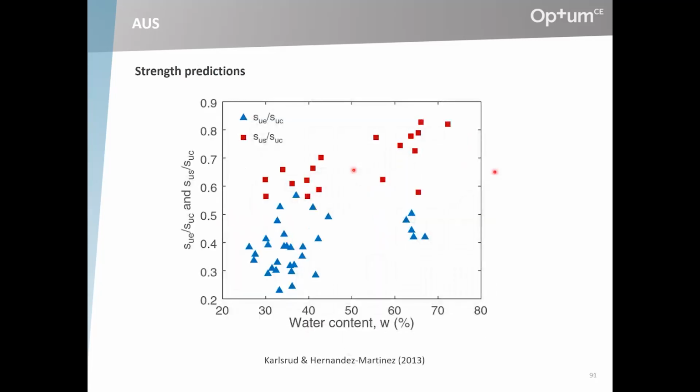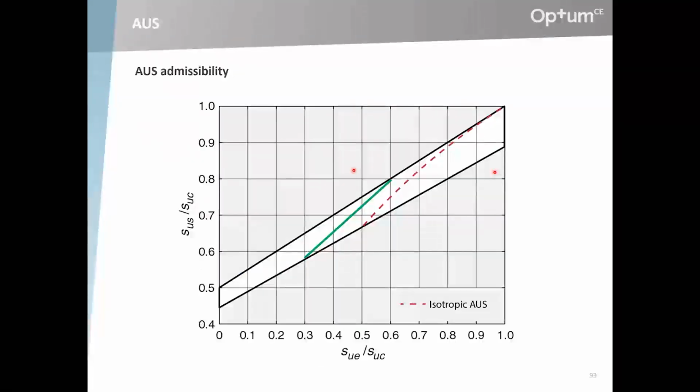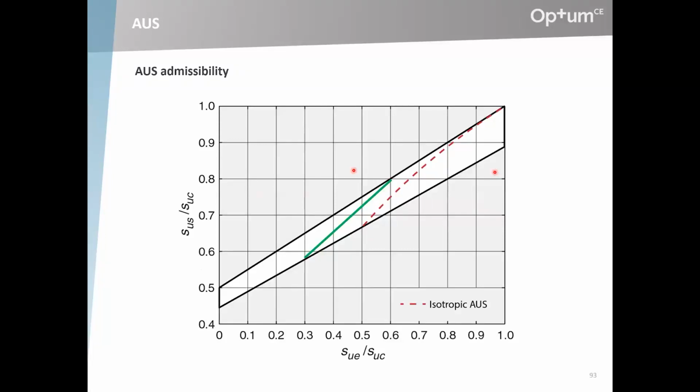You can then actually improve things. You can postulate variations of SUE to SUC and SUS to SUC as a function of the water content. In the admissibility range chart, that corresponds to somewhere along the green line here.